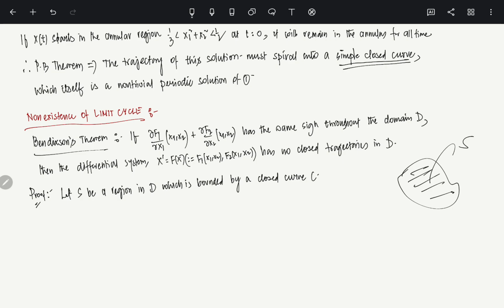Now we can use the famous Green's theorem. So what does Green's theorem say?